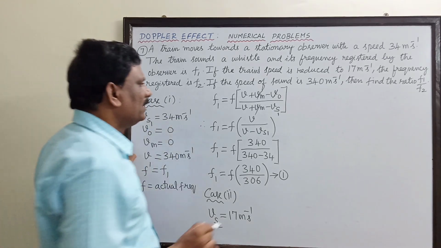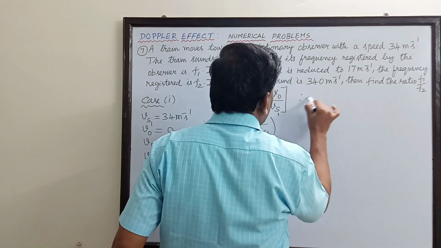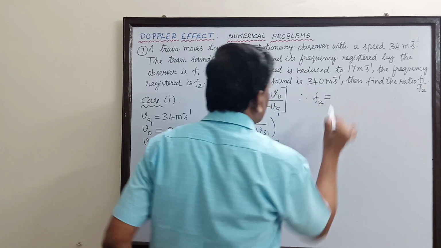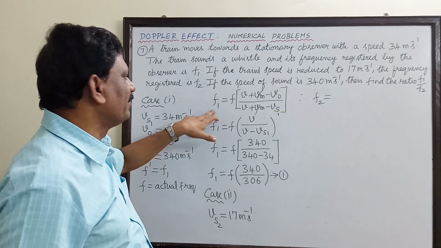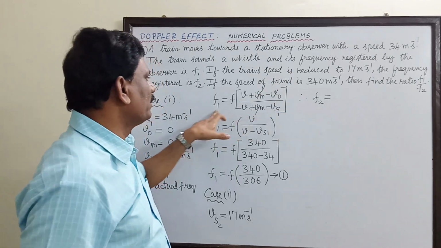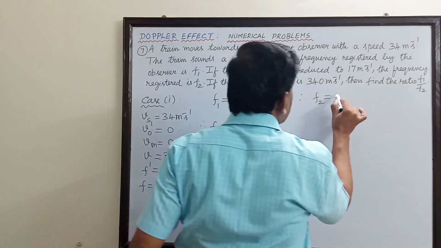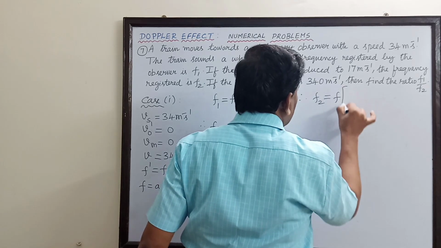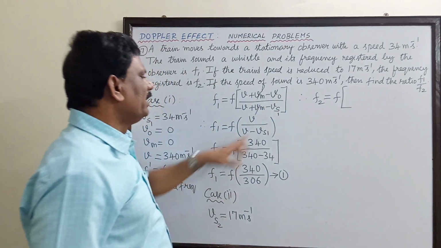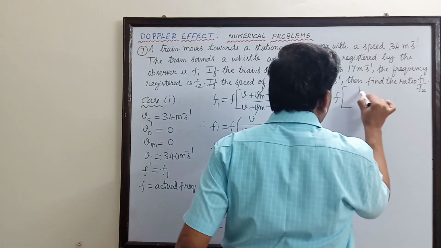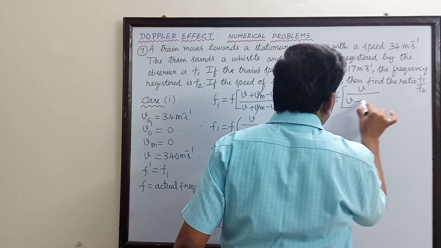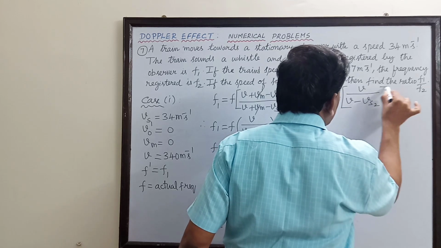Therefore F2, the apparent frequency heard by the observer in the second case, is F into V by V minus Vs2.